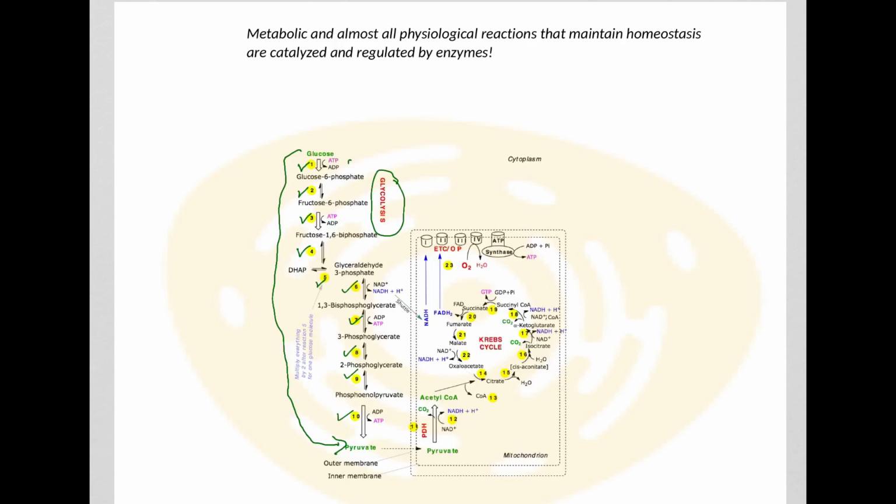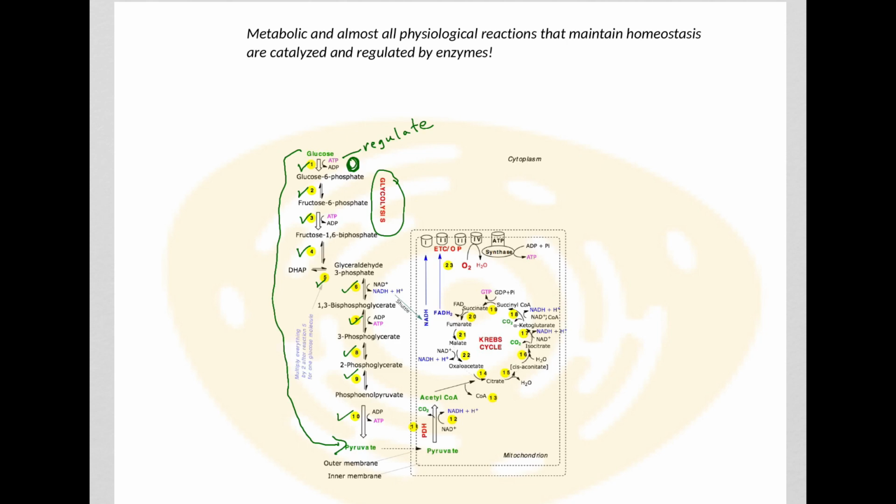So these enzymes that catalyze reactions in the body are designed not only to make these reactions go faster, they are also designed to regulate these reactions. That is, if the cell wants the reaction to go faster, it can regulate the enzyme, and the enzyme can make the reaction go faster.